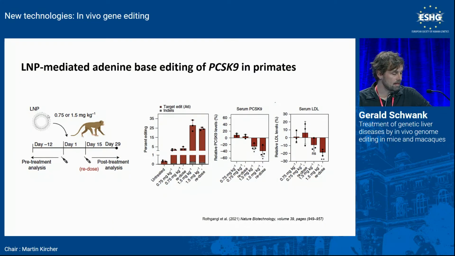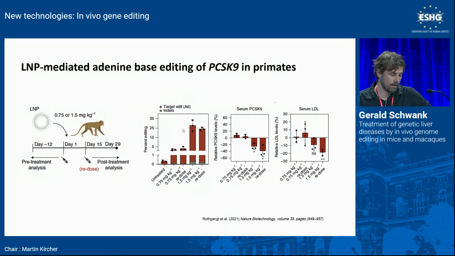So in our study design, again, we encapsulated a base editor, now targeting the primate PCSK9, again introducing a splice mutation in exon 1, into lipid nanoparticles, which were delivered via systemic injection into non-human primates, and then we analyzed them a month after the treatment.